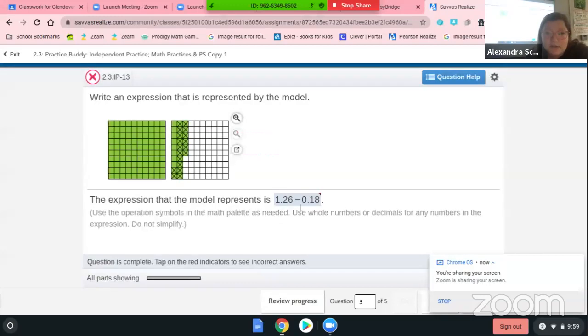Okay, so let's look at what you wrote. There was 1/10, and then how many hundredths? There was 1, 2, 3, 4, 5, 6, 7, 8. So 18 hundredths being taken away.